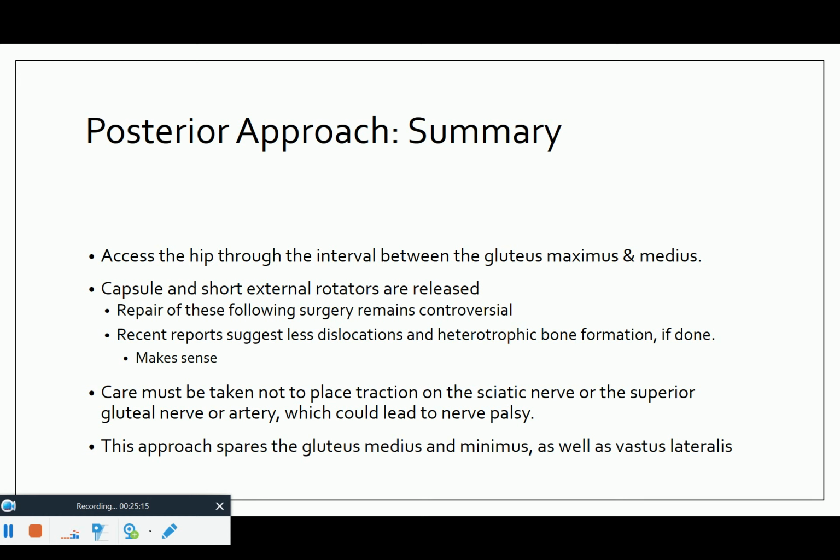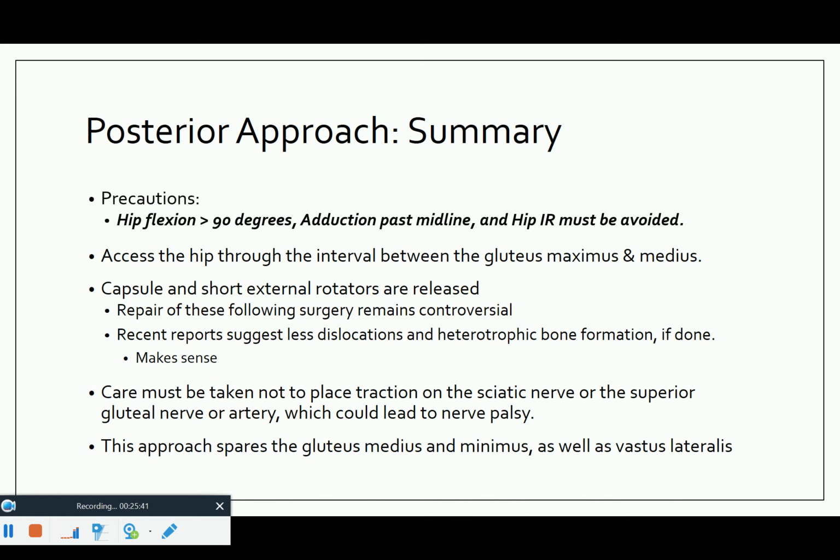So the summary of the posterior approach, there's a couple things I want you to note here. If you look at the second bullet down, the capsule and short external rotators are released during the surgery, later repaired. So these are like your muscles, like the gemelli and those short external rotators. Those are taken down and repaired later.